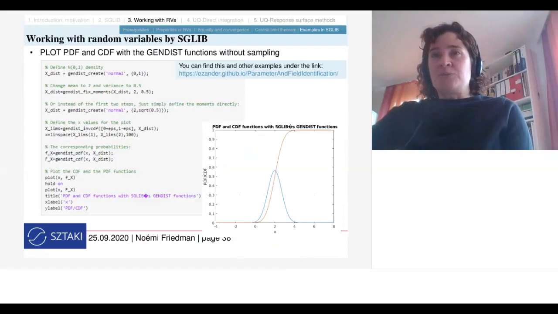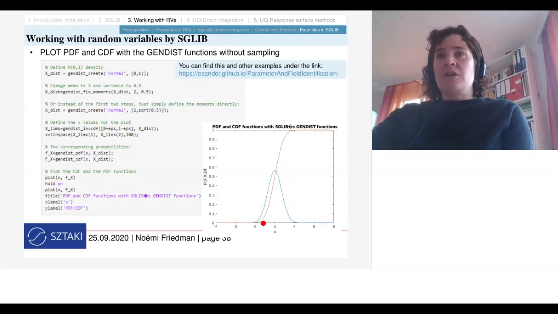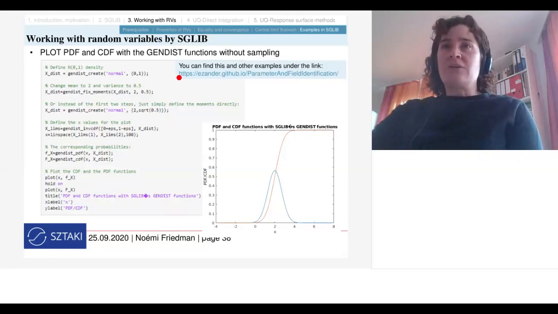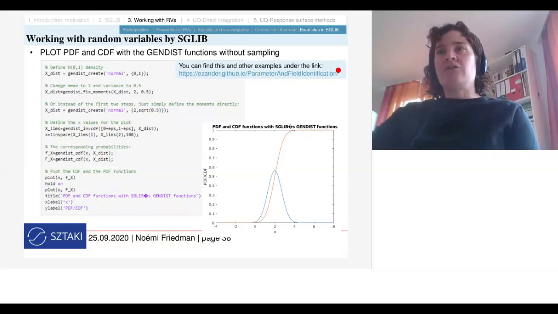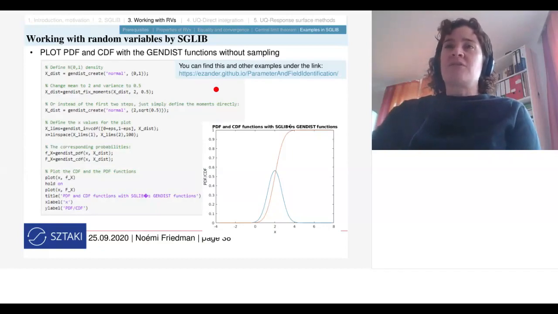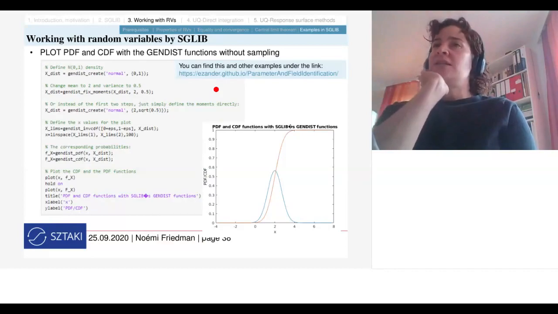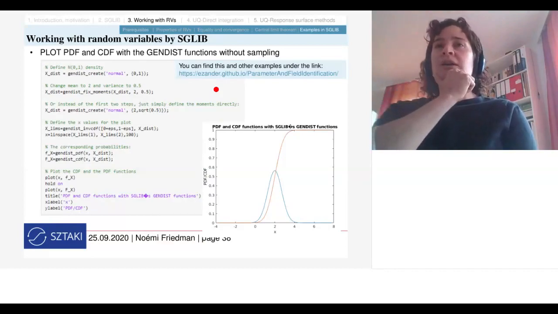Okay, so now we see an example of how to use this sglib library package. For that, I created, not only for you, a link for a chapter of a book that we have submitted together with Emil Zander, Professor Matthies and another colleague of mine.